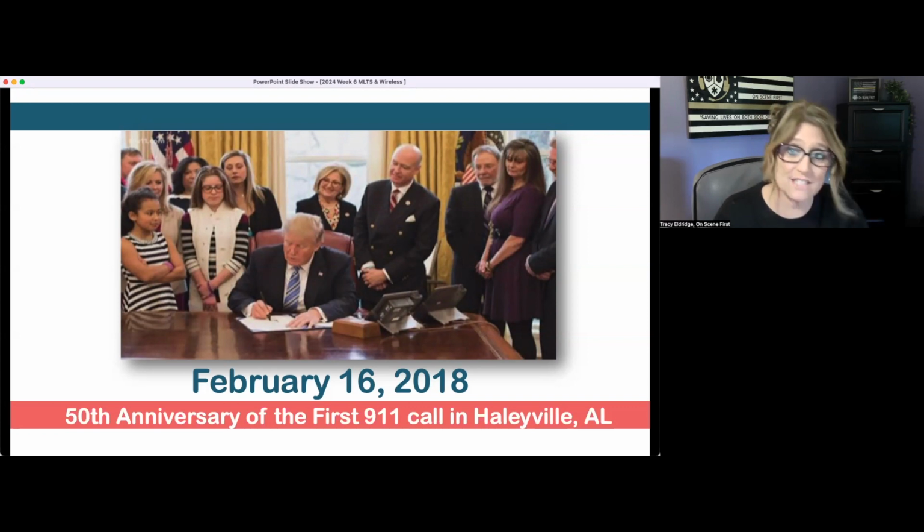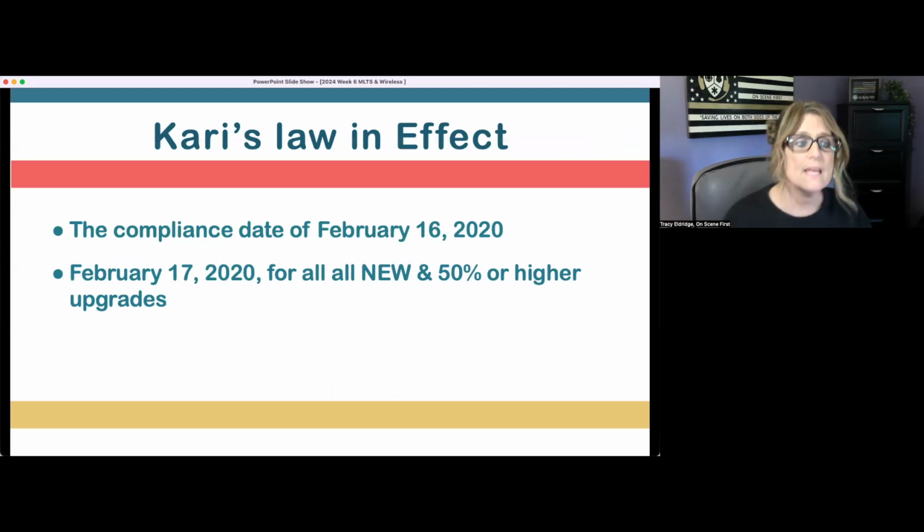So these dates are in the book and could potentially be on your exam. The compliance date of Kari's Law, while signed in by President Trump February 16th, 2018, the compliance date is February 16th, 2020.